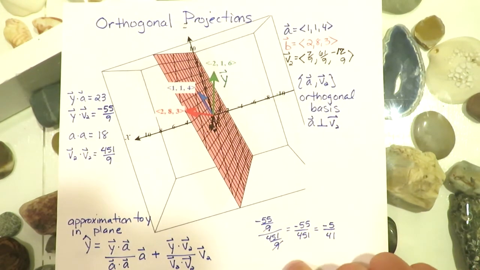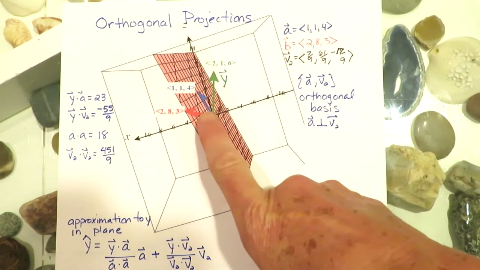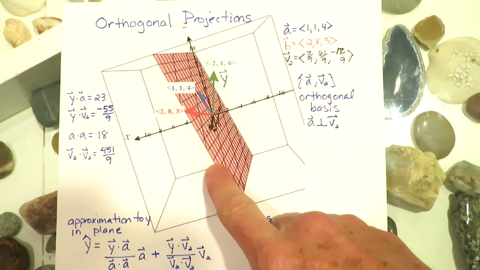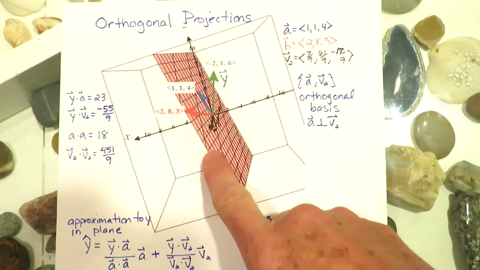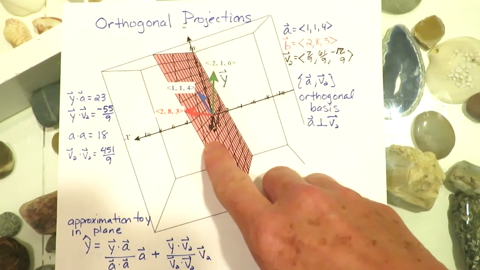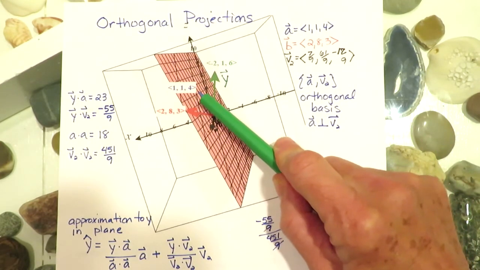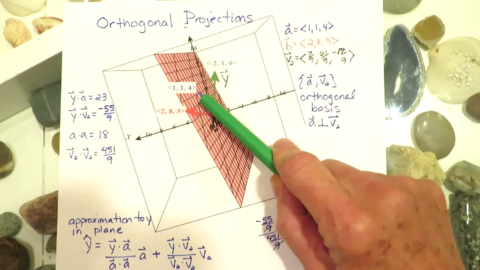So here we have some vectors, (2, 8, 3) and (1, 1, 4), and they are not perpendicular to each other and they span some plane in R3. If you do find an orthogonal basis, you can include one of the vectors. So we included (1, 1, 4) as one of the vectors in that basis set.